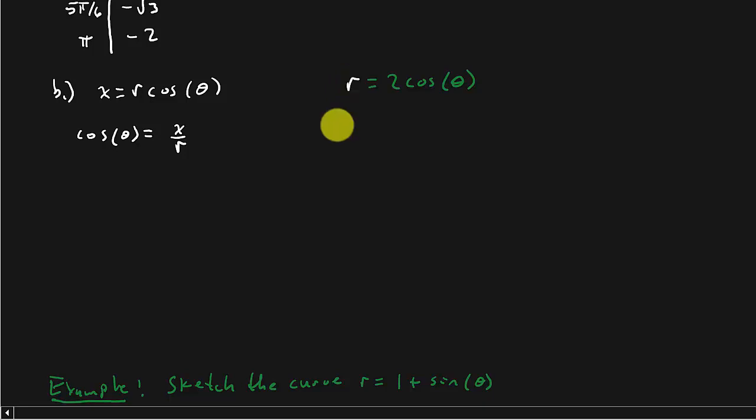That tells me that r is equal to what? 2 times x over r, because cosine theta is x over r. I don't know why I keep writing y. So r is equal to 2x over r. All right.